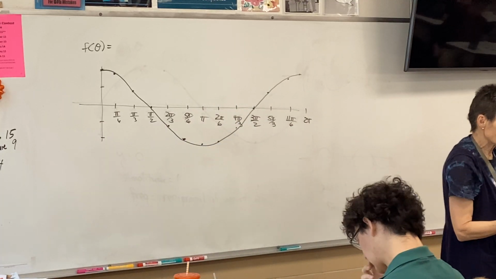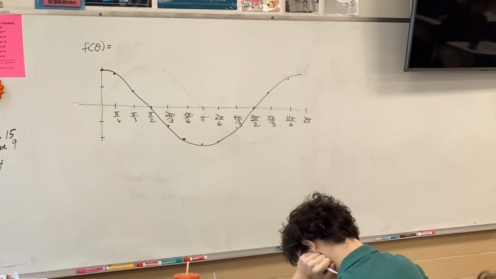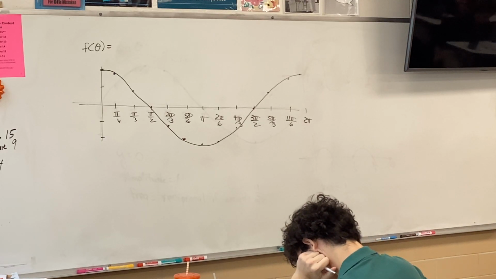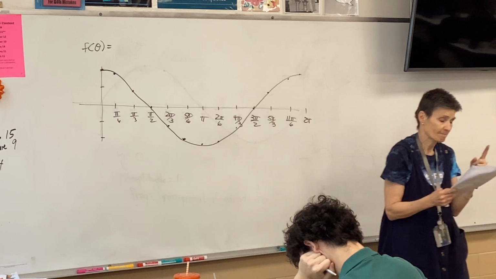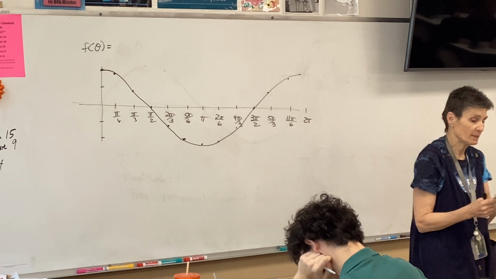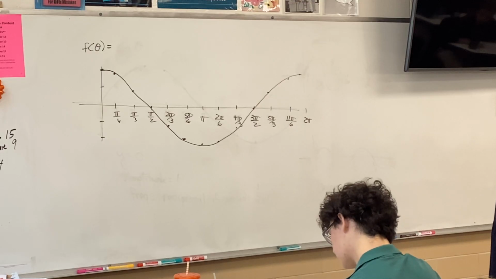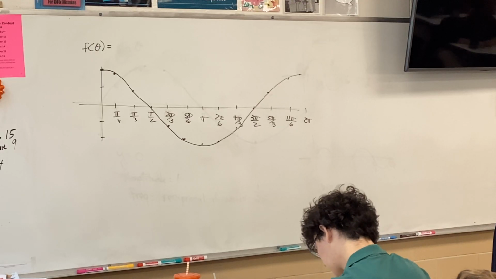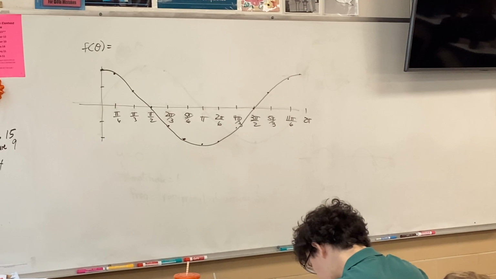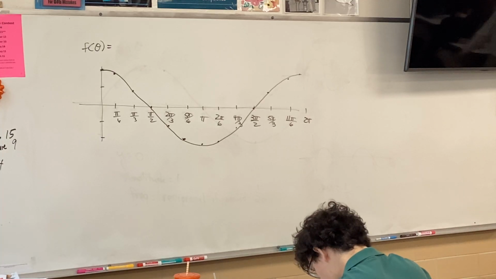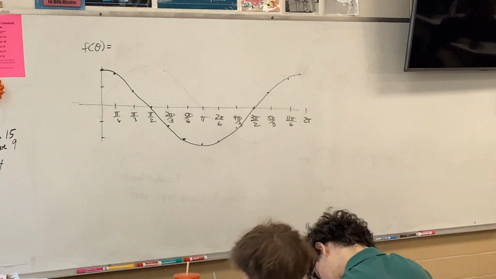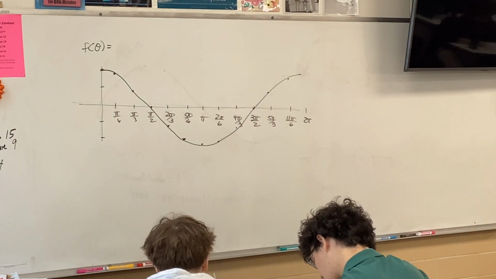Okay, so let's turn the page and look at example 1. 2 periods of something are shown. Find the period, frequency, amplitude, and midline for the graph. Can you tell me what the period is? Pi. Now, you don't have to count, because if they drew from 0 to 2 pi and said that's 2 periods, then pi has to be a period.